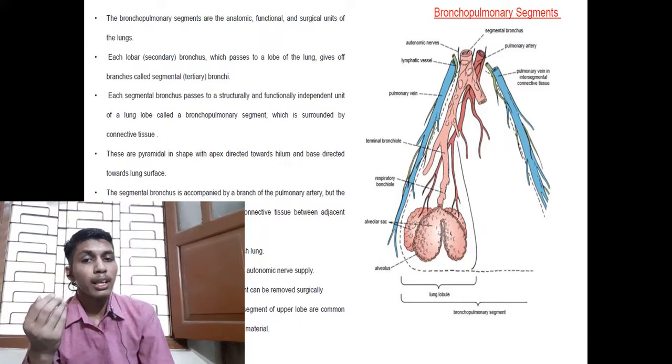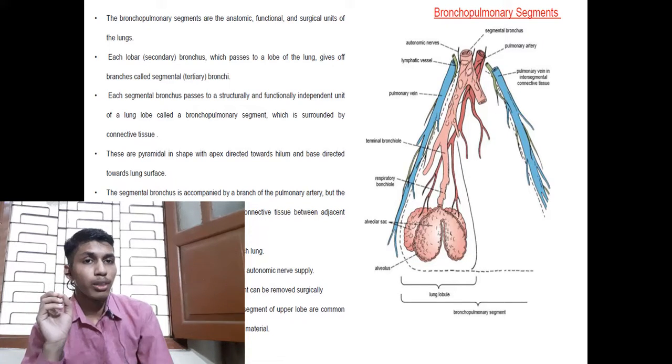Now each segment has its own lymphatic supply, autonomic nerve supply, venous supply and arterial supply, because these are functional units of the lung. So they are independently capable of receiving all the supplies, whether of vessels or nerves.